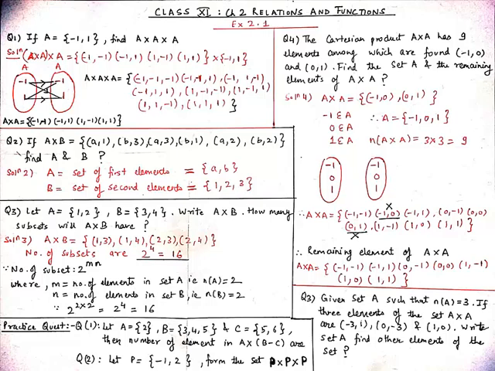So from here, A cross A cross A will be equal to {(-1, -1, -1), (-1, -1, 1), (-1, 1, -1), (-1, 1, 1), (1, -1, -1), (1, -1, 1), (1, 1, -1), (1, 1, 1)}.